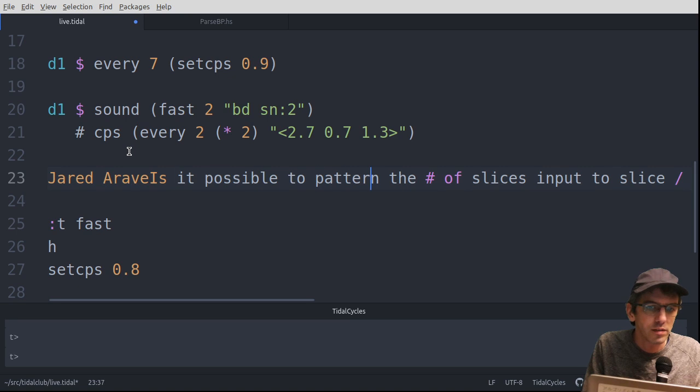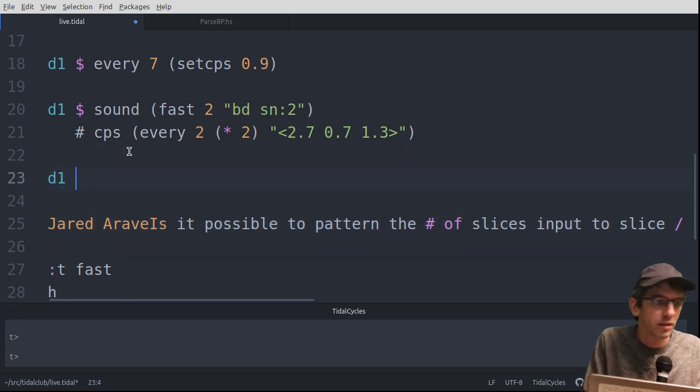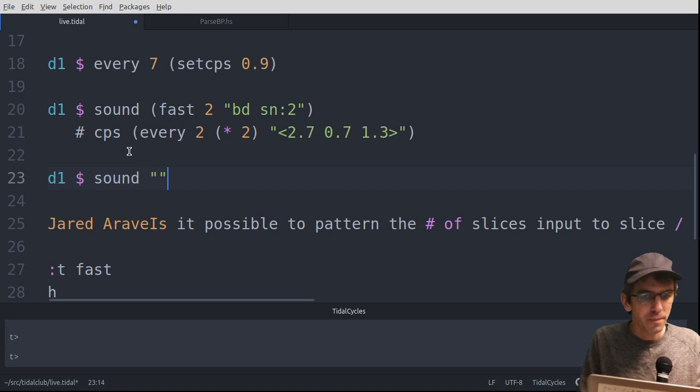Number of slices input to slice or splice. So here, yeah, okay, then they don't mean the hash. This hash they mean number. Yeah, okay, that makes sense.